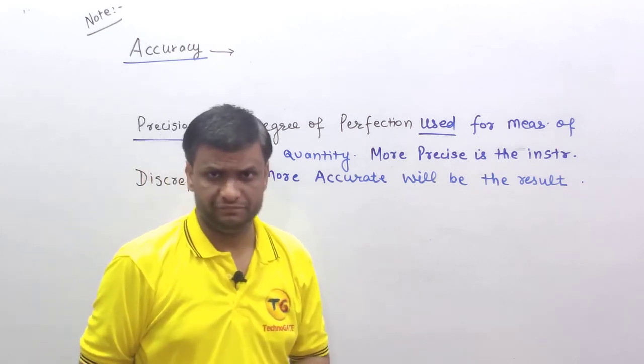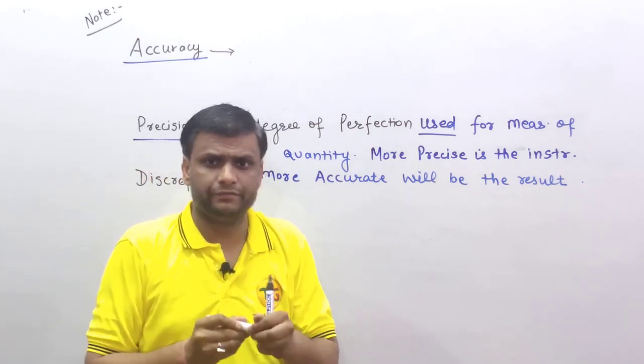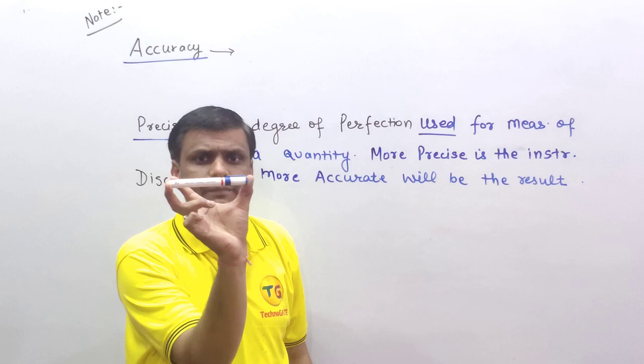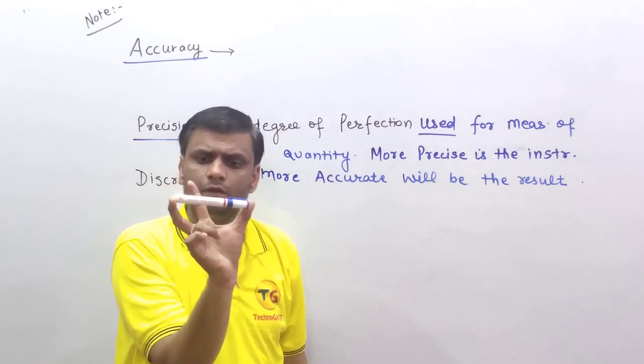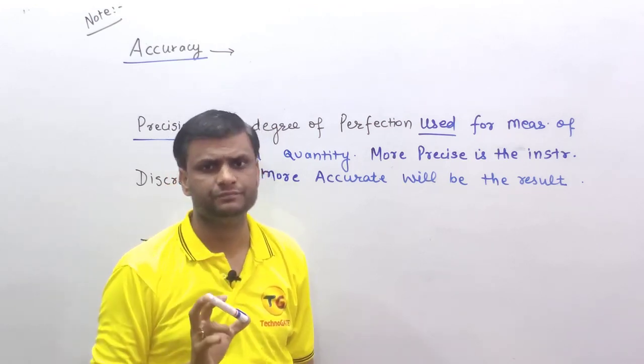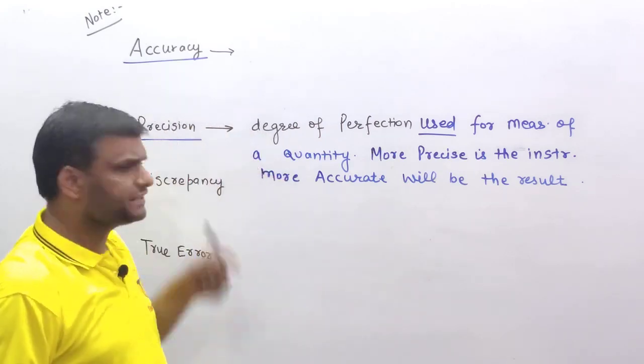Secondly, what is accuracy? The instrument which we use for measurement of this particular length is called the precision.